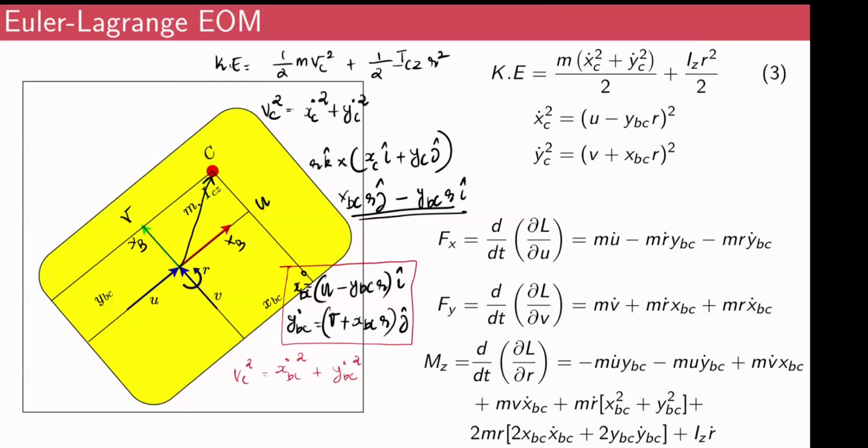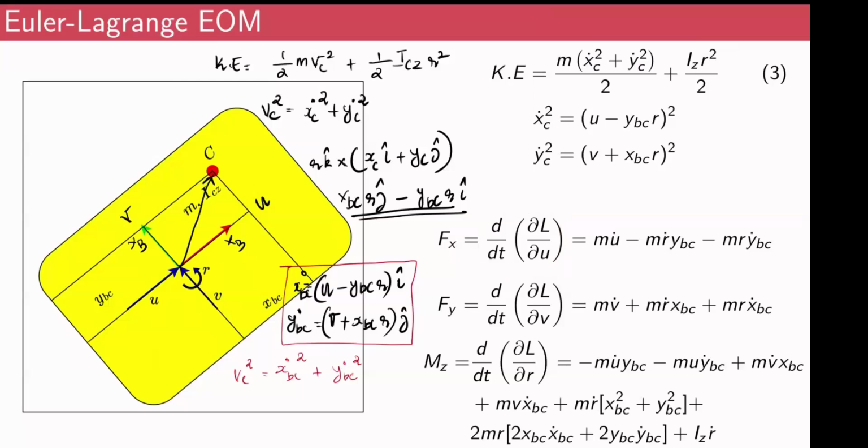So, with that, the Lagrangian basically becomes the kinetic energy itself. And once you do this operation component by component wise, you will get these equations of motion like so. The first equation, or the net force along the x direction, is m u dot minus m r dot by dc minus m r by dc dot.